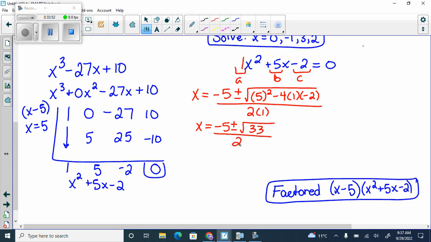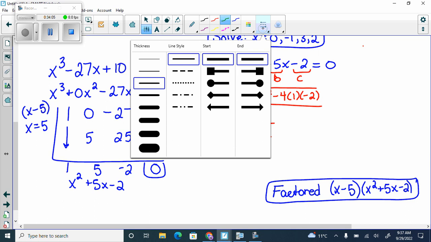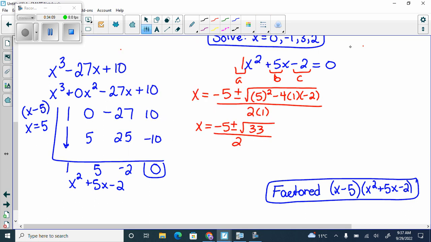Now, this is a 3-for-1 deal. It's like the best deal ever. When you're doing the quadratic formula, you have a 3-for-1 deal. It's either 3 or no deal. Deal or no deal, okay? How do I know it's a 3-for-1 deal? Well, you have 3 terms. You have this term here, the negative 5. You have this term here, root 33, and it happens to have a 1 in front of it.